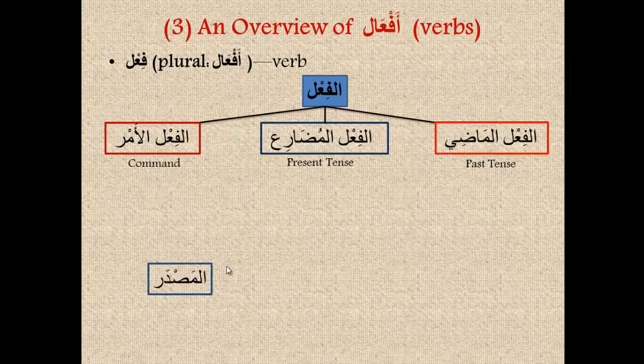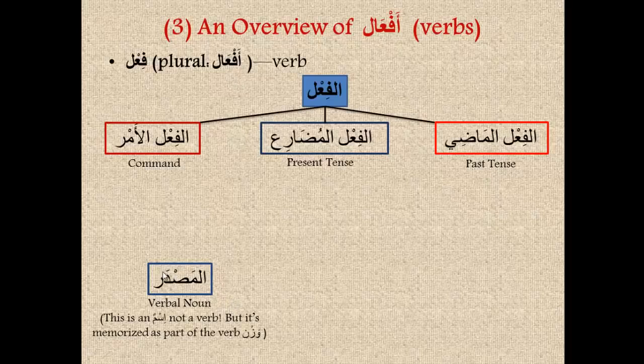We also have the idea of the masdar, which I talked about in passing a few moments ago. This is the verbal noun, and that refers to the concept or the idea of that verb. Now keep in mind, this is an ism, it is not a verb, it is not a fi'l. But it is memorized as part of the verb wazn because it is predictable and follows a highly regular structure.